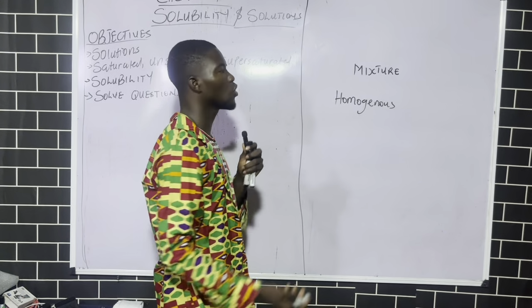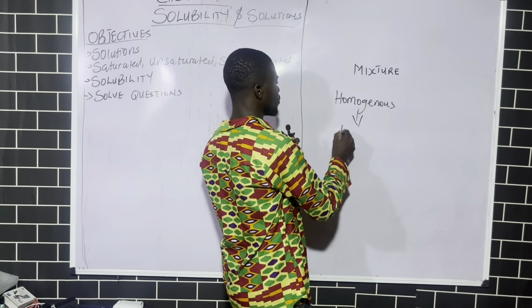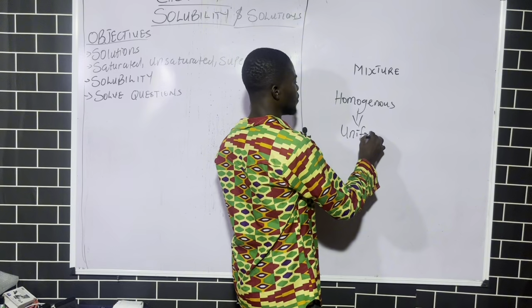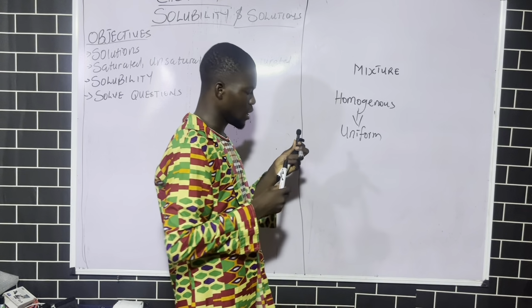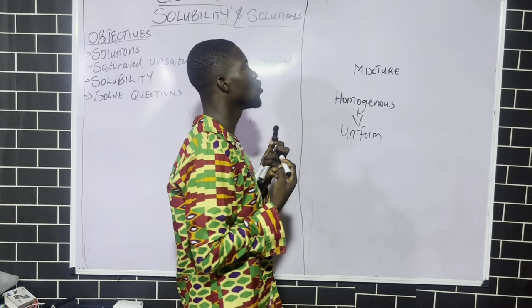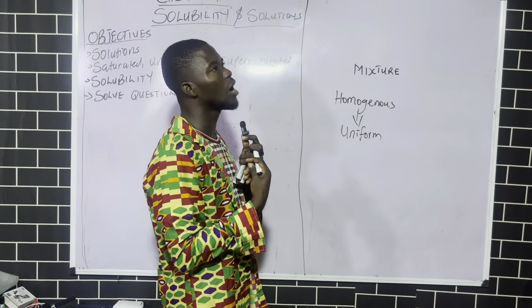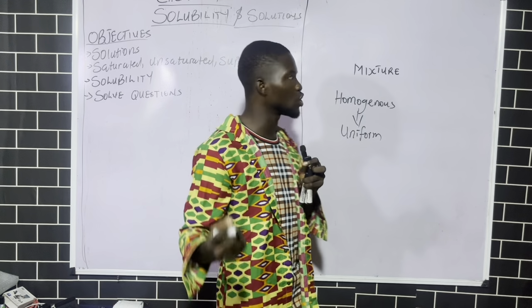What does homogeneous mean? Another word for homogeneous is uniform. So a solution is a homogeneous mixture of two constituents, solute and solvent.